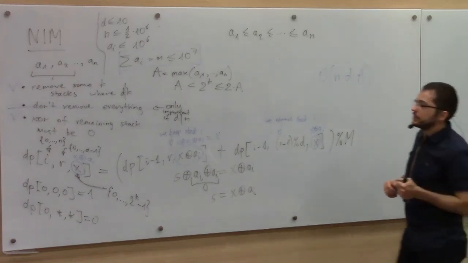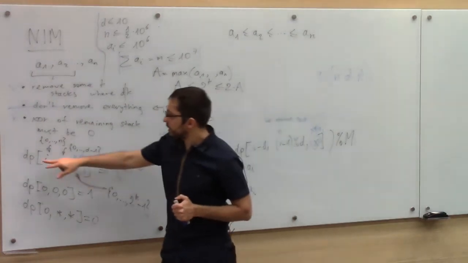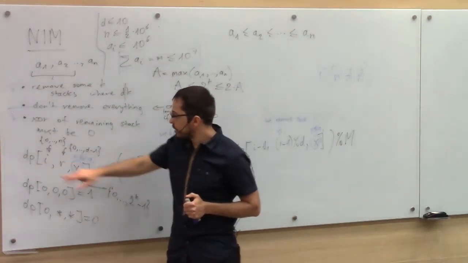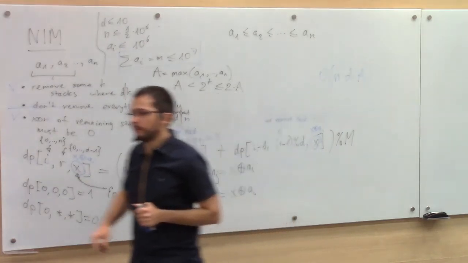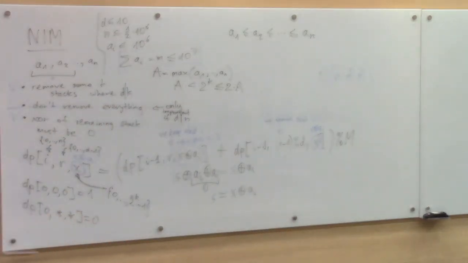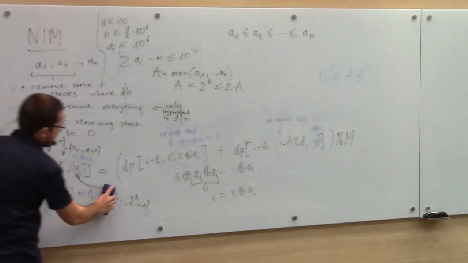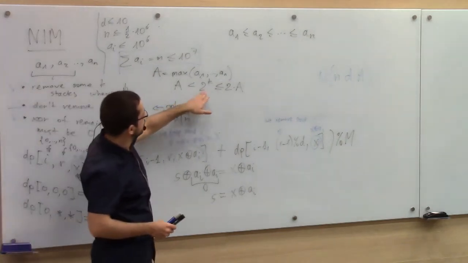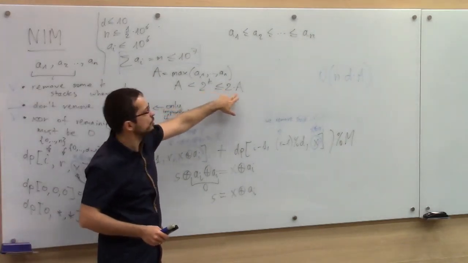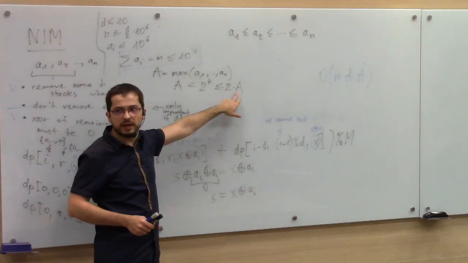So every time we do this calculation on dp on row I, previously this was bounded by some power of 2, and this power of 2 was bounded by 2 times the maximal value.